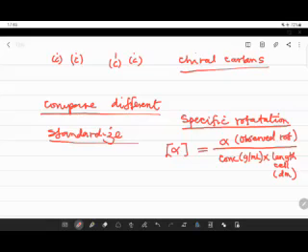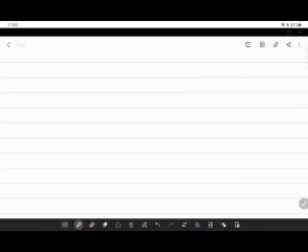So for as long as all the other experiments that you are going to compare with were carried out using the same temperature, okay? And then here, we use the sodium D line, so most of the time you see a D.